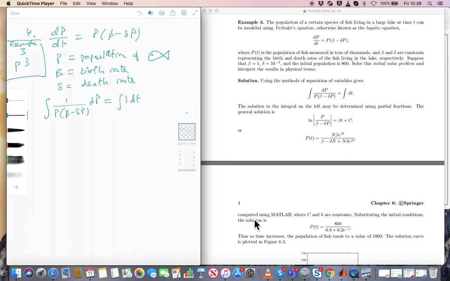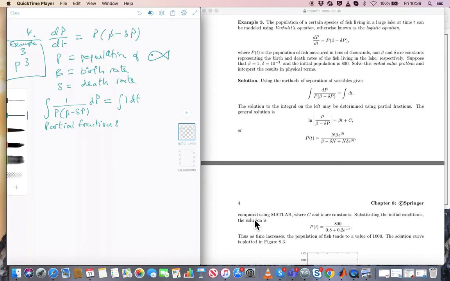Now on the left hand side, if you think back to A level, the way we can do this integral is by splitting it into partial fractions. Then, just to save time, I'll give you the solution.